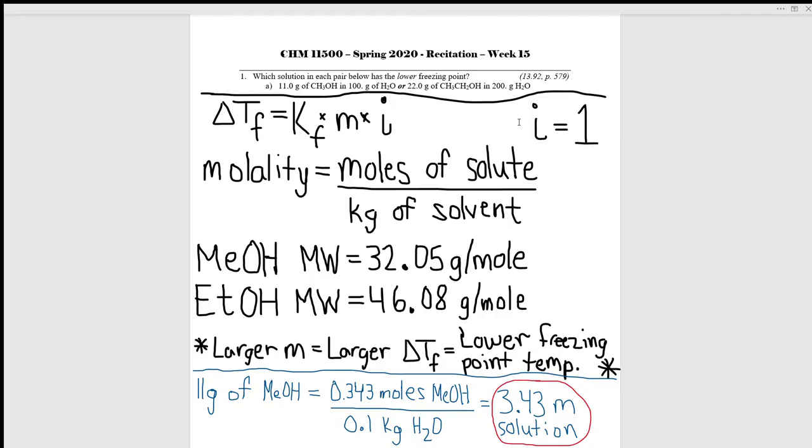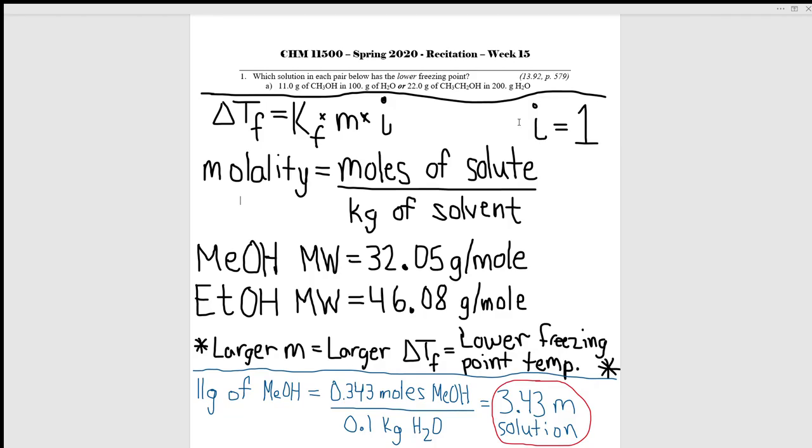This is because both methanol, CH3OH, and ethanol, CH3CH2OH, do not dissolve to give particles when they're put in water. Methanol and ethanol are not going to dissociate into cationic and anionic particles because they are not ionic compounds.